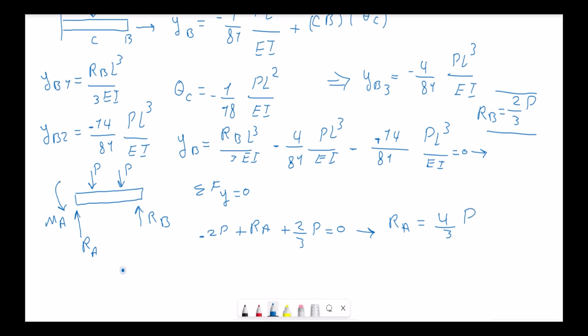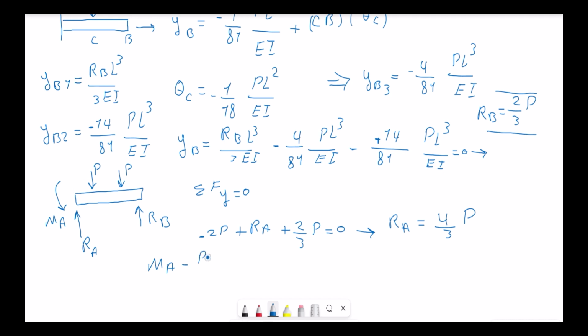And if we write the moments around point A, we can find the amount of MA. So MA is counterclockwise and we assign this positive. So the moment of P is going to be negative since it's clockwise.